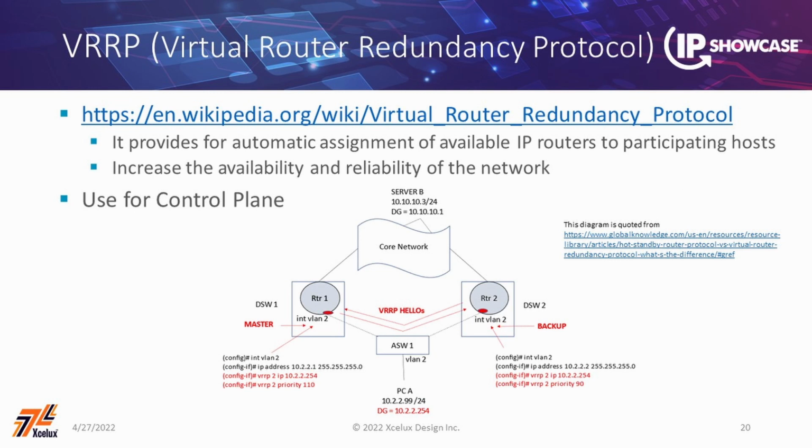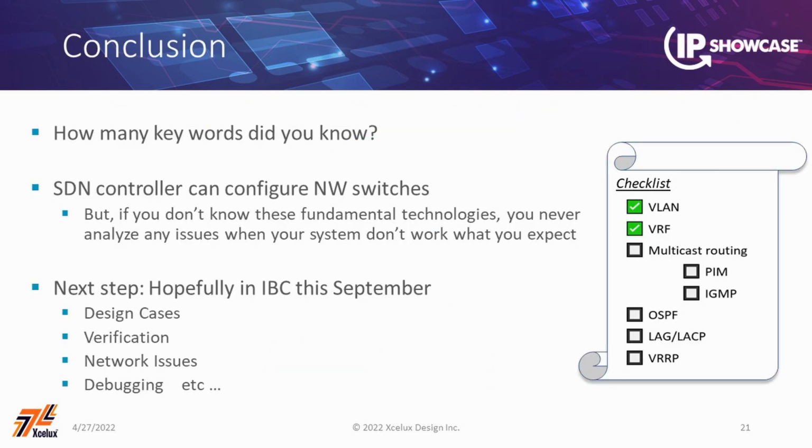It's similar, and with the master, if the master is dead, the backup switch communicates with the hosts, the media nodes. It can be used for the control plane and the control network. Okay.